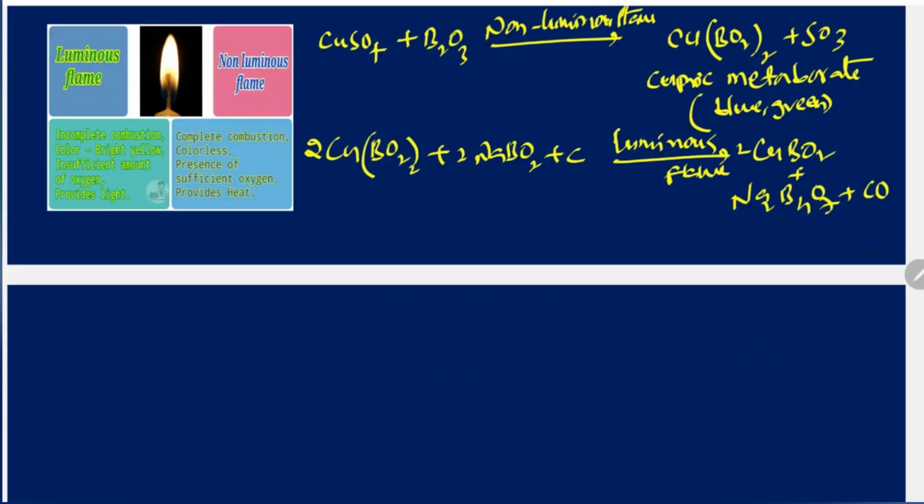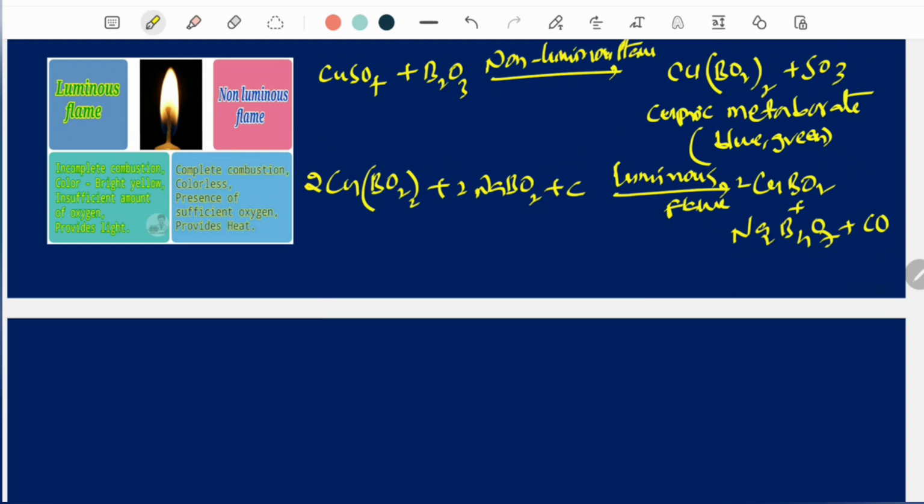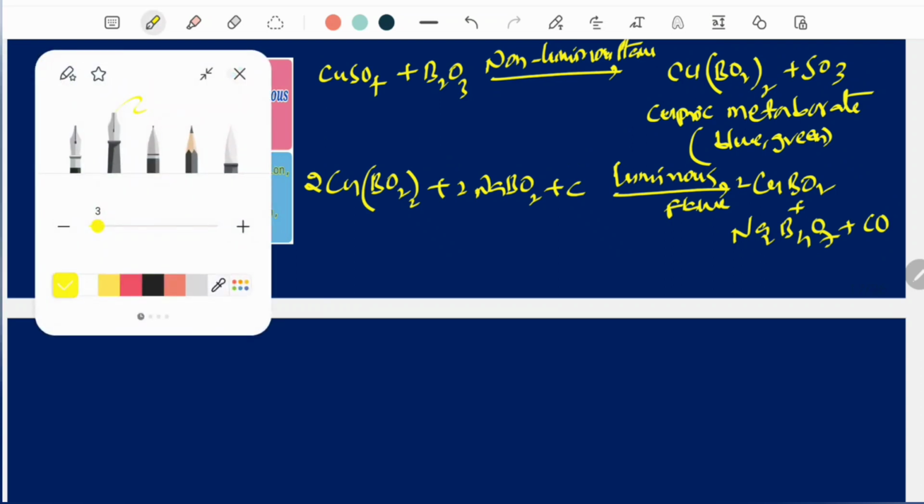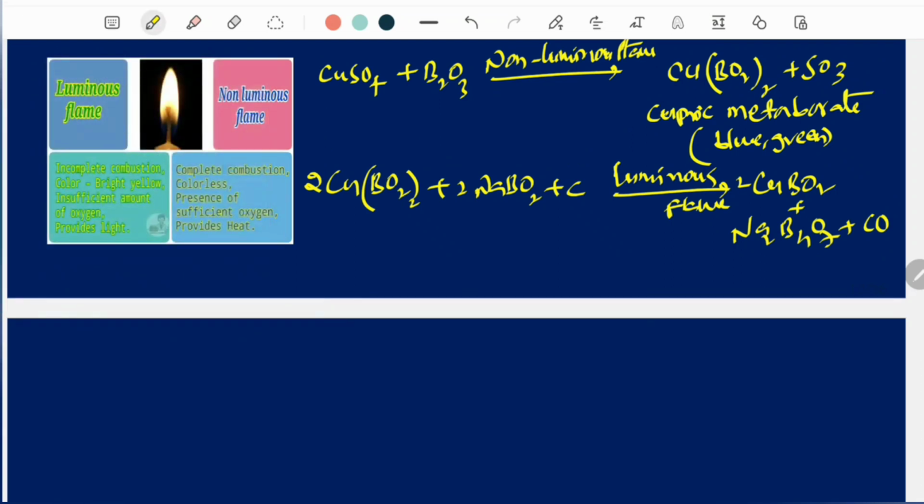Now coming to the second one: cupric metaborate may be reduced to metallic copper, and the bead appears red opaque. Look at the reaction.